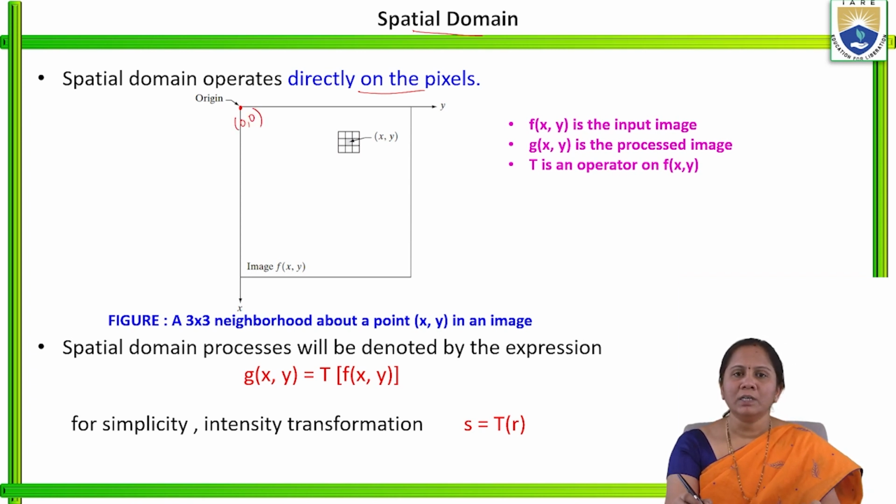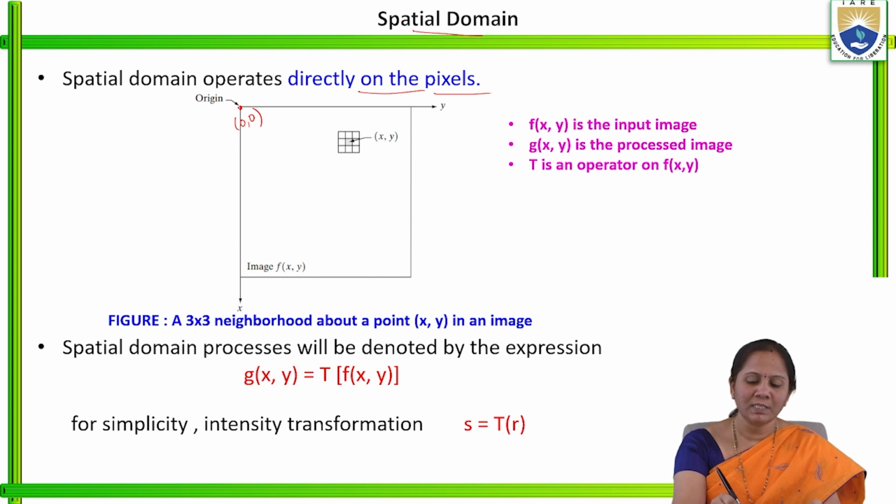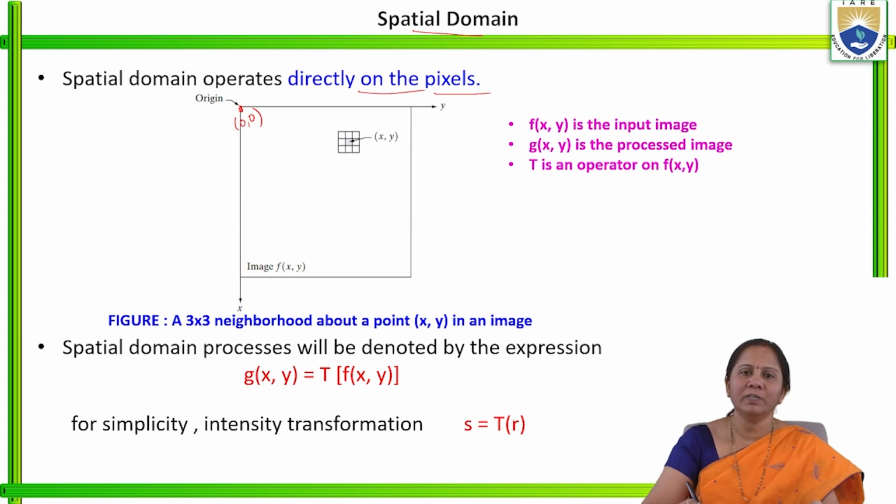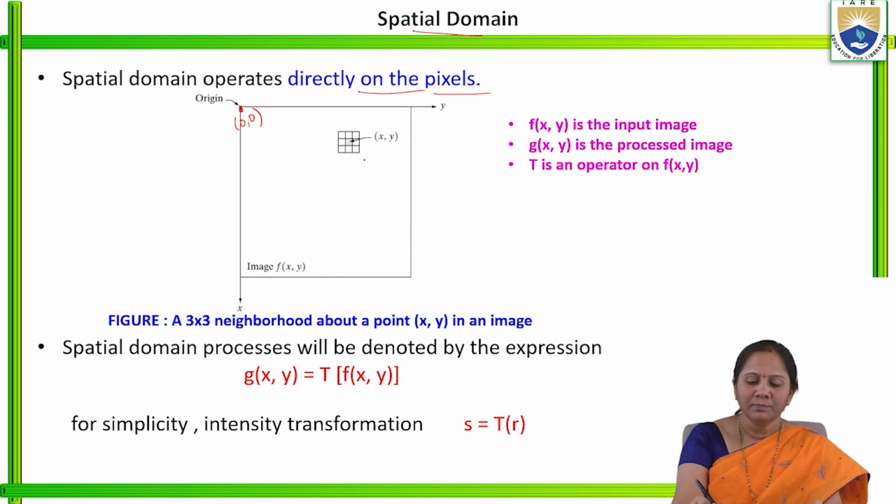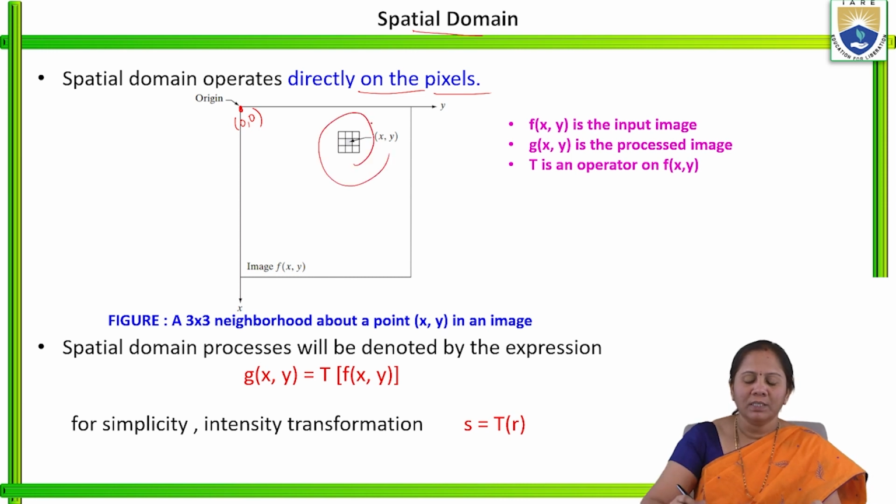So in the spatial domain, it operates directly on the pixels. This is the pixel where the operation will take place directly. And here, this is a 3 by 3 neighborhood. If we consider the middle part as one pixel, it is represented with coordinates x, y.